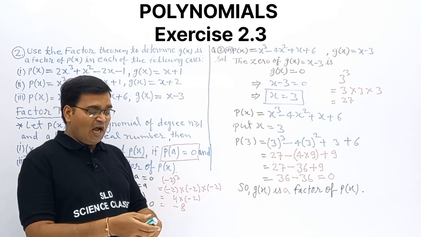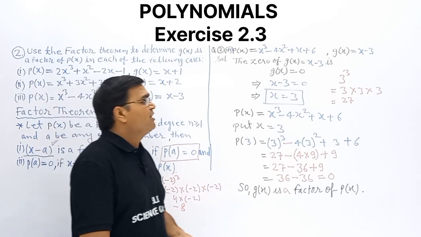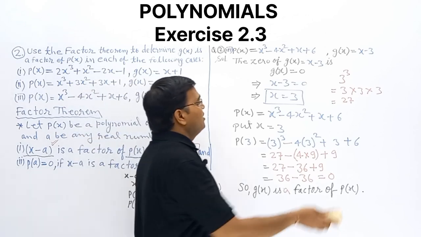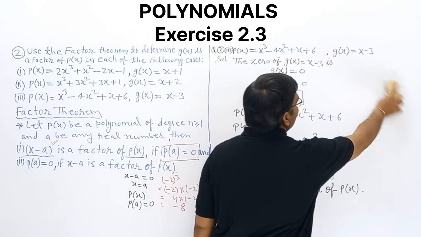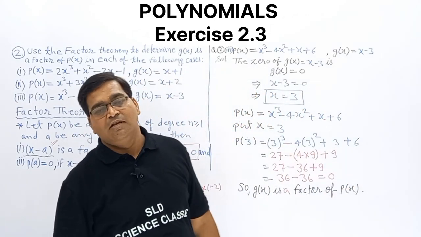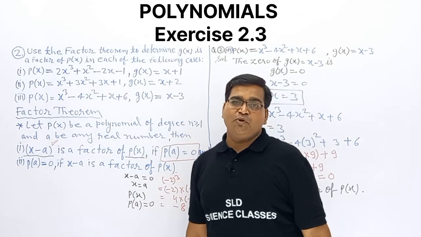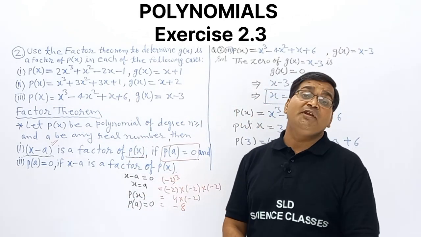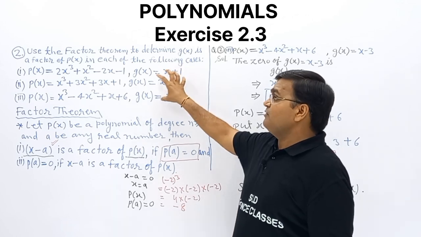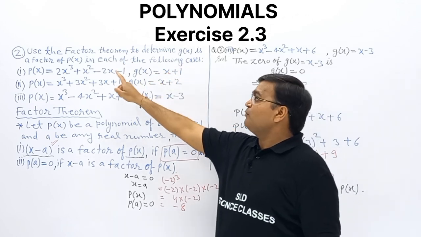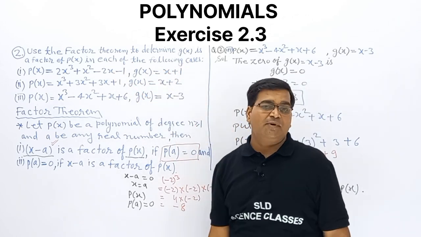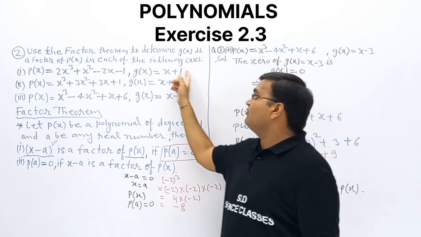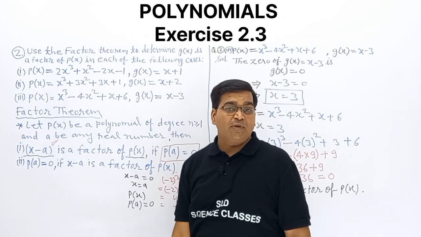Are you getting how we are solving these questions? In all these questions we follow the same process. In question number 2 of this exercise 2.3 we have 3 questions, in which one polynomial and one factor are given. We want to check whether the given factor is a factor of that polynomial or not.